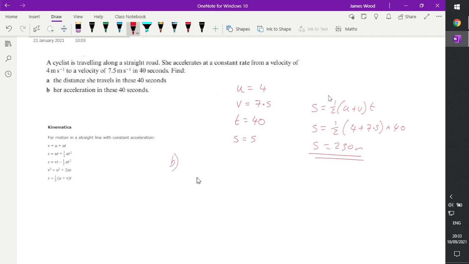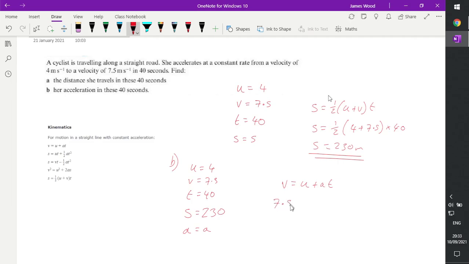And for part B, find the acceleration. So I've still got these same variables. u is 4, v is 7.5, t is 40. And we now know that s was 230. And we want to find out what a is. So I'm just going to write a as a. I'm going to use v equals u plus at. I could use a different one now that I know the distance, but I'm just going to stick with v equals u plus at.